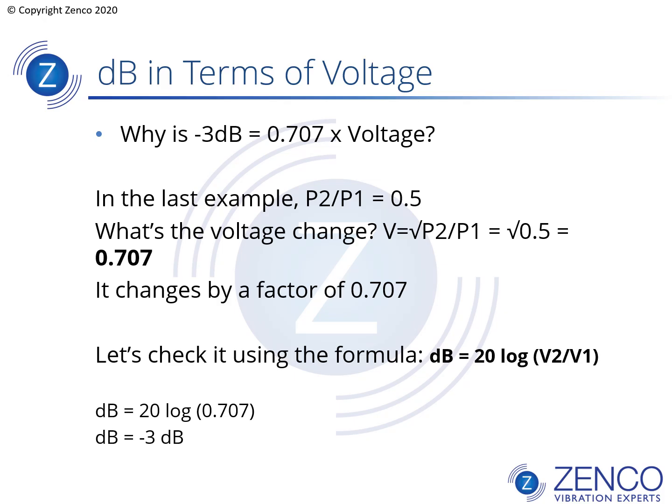Now let's check that using the formula for dB. So we have dB equals 20 times the log of V2 divided by V1. If we say that V2 divided by V1 is 0.707, and we type that into our calculator, 20 times the log of 0.707, then hit the log button, then hit times, then hit 20, and you will get minus 3 dB.